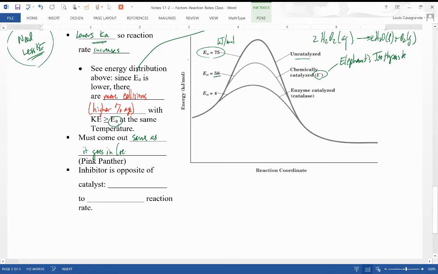It has to be regenerated in the end. And that's the third and final video. We call it the Pink Panther or the pink catalyst. It's really a cool catalyst. It's a slightly different reaction. Don't worry about what the reaction is.